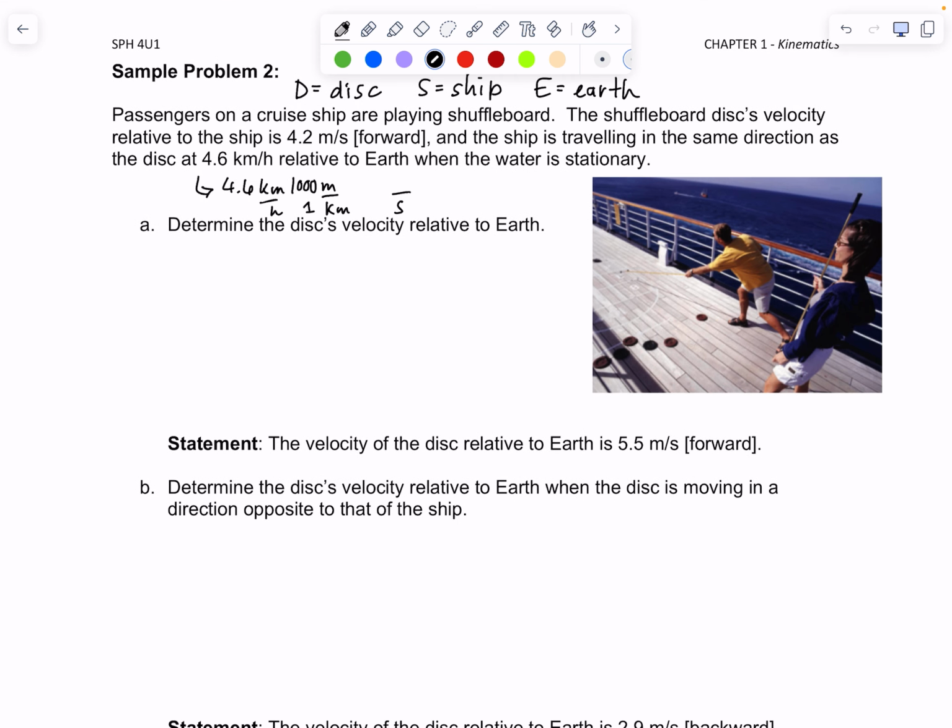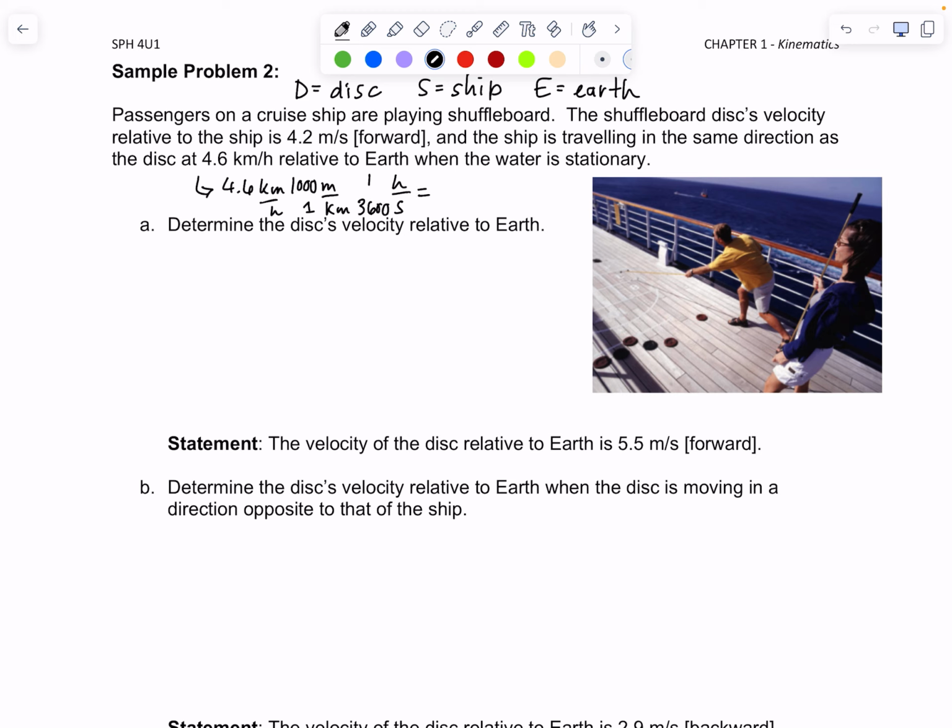In order for the hours to cancel out, I would need hours on top. If I have one on top and one on the bottom, they'll cancel out. In order to do so, I need to state the relationship between the hour and the second. And I know 1 hour has 3,600 seconds.